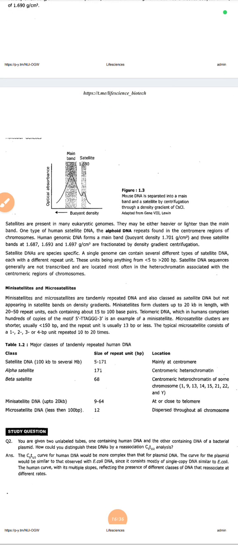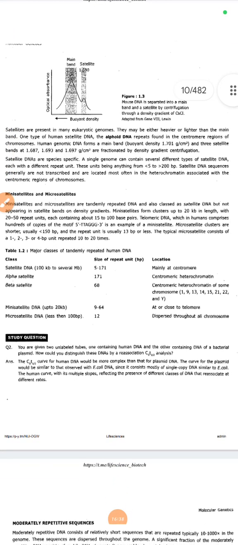Satellites are present in many eukaryotic genomes. They may be either heavier or lighter than the main band. Most of the time it is lighter. One type of human satellite DNA is alphoid DNA, whose repeats are found in the centromeric region of the chromosomes.